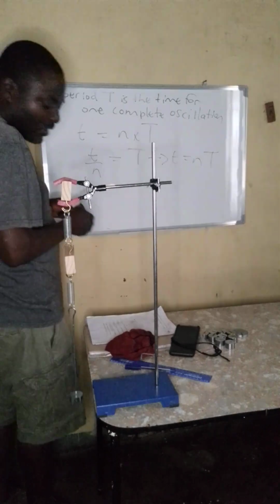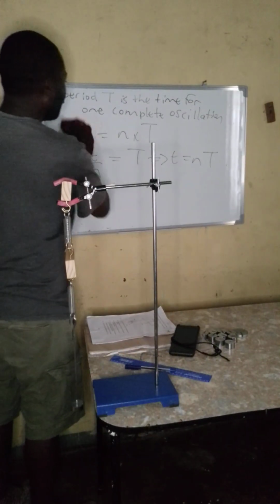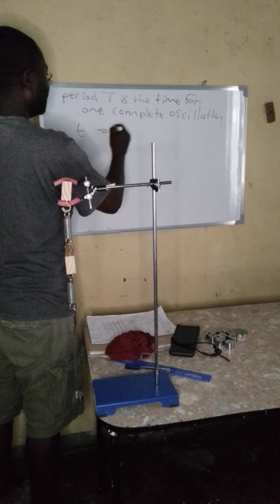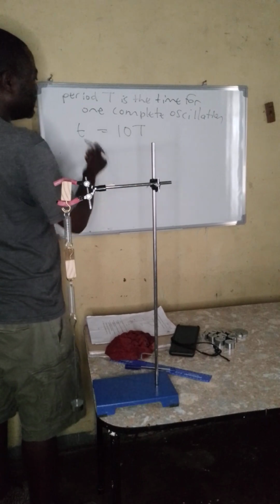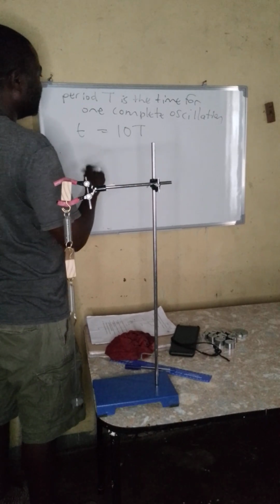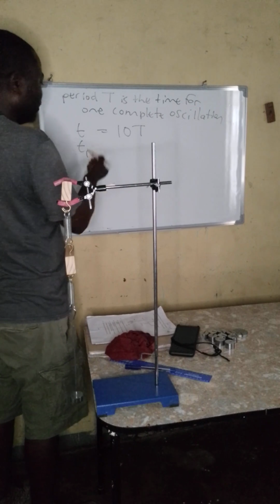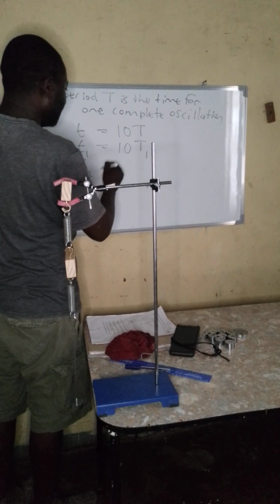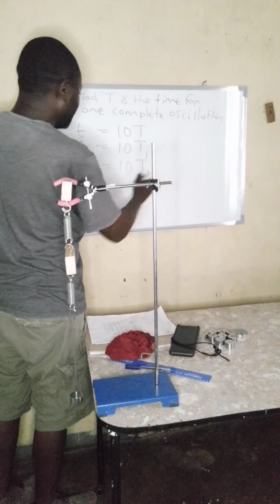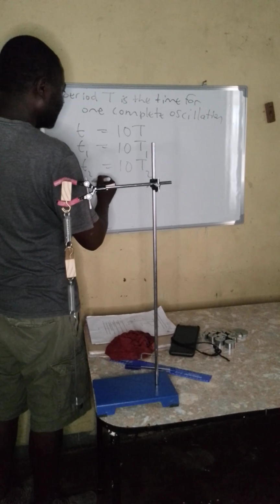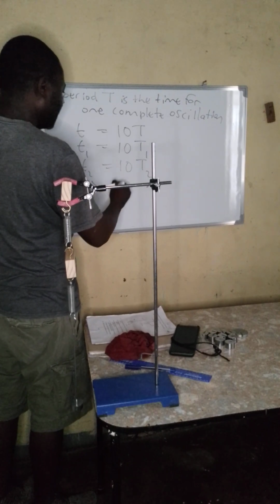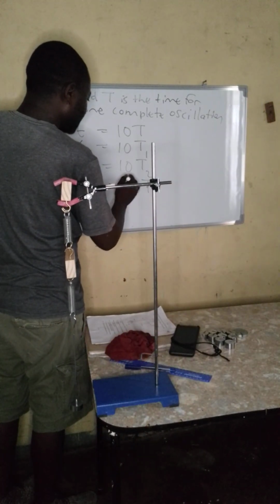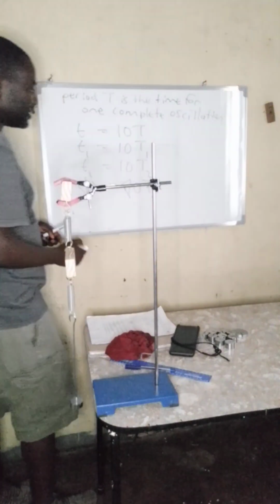So you can measure the time for 10 oscillations. You can have t is equal to 10T. This is the time for 10 oscillations. So t1, if we do it for the first instance, we have 10T1. For the second instance, we have 10T2. So if we want the average T, then it means we have 10.